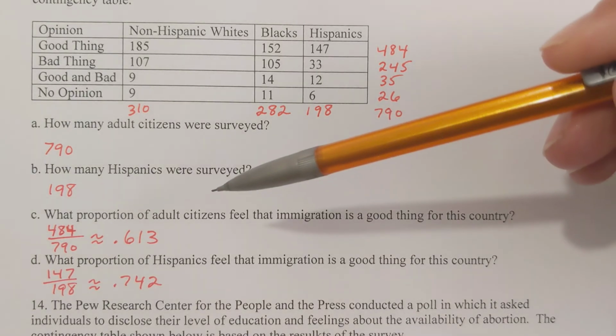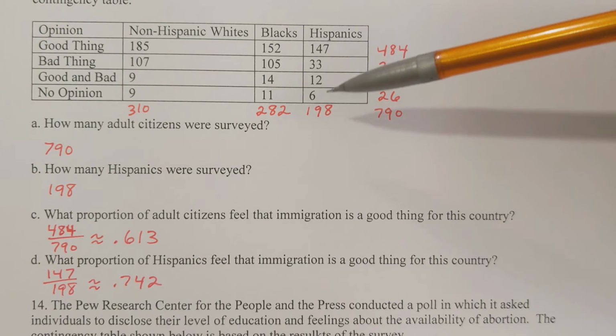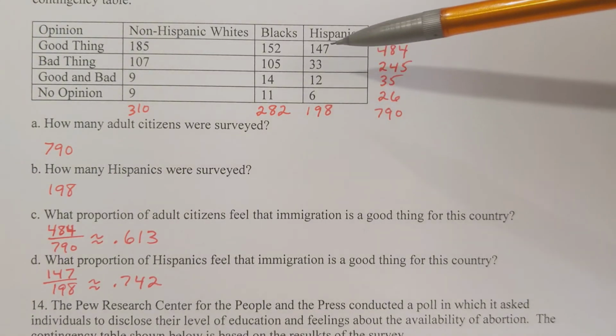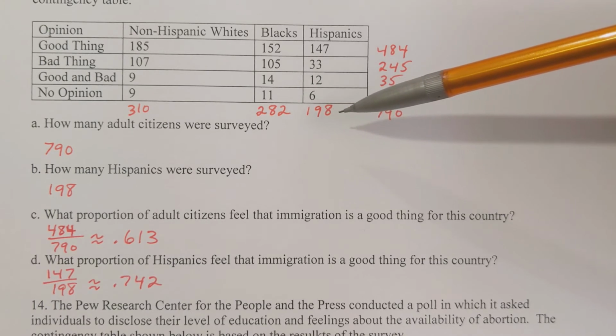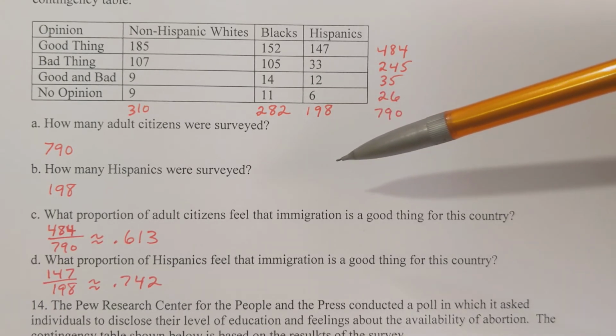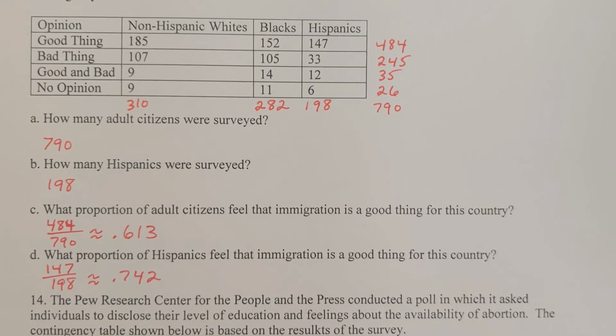Okay, of this group, how many Hispanics were surveyed? So I add up the Hispanic column. 147 plus 33 plus 12 plus 6 is 198. Part C, what proportion of adults feel that immigration is a good thing for the country?